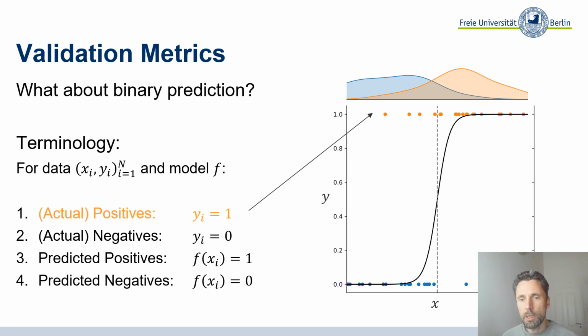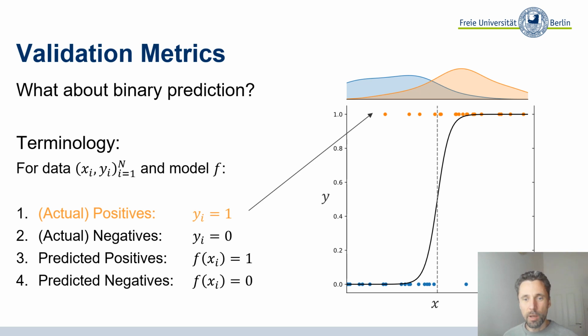Now, we usually apply a threshold, so the prediction isn't in the range between 0 and 1, but rather 1 or 0.